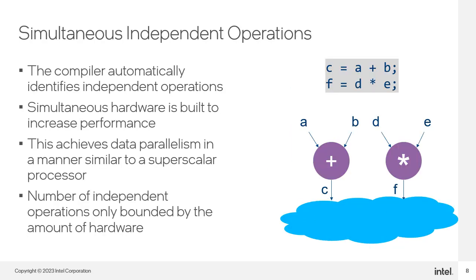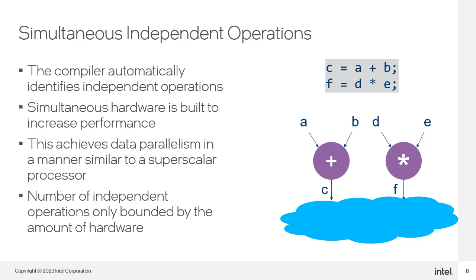Some designs have operations that can occur simultaneously. The compiler can automatically identify these independent operations. Simultaneous hardware is built to increase performance. For instance, the example we have here can be executed independently without any input from the user. The simultaneous operations are executed by the compiler, requiring simultaneous hardware to be built as well to achieve efficient and faster execution.